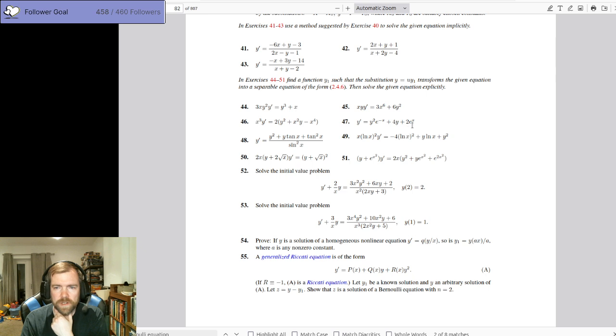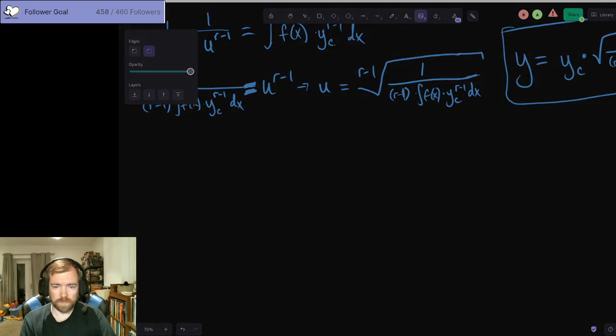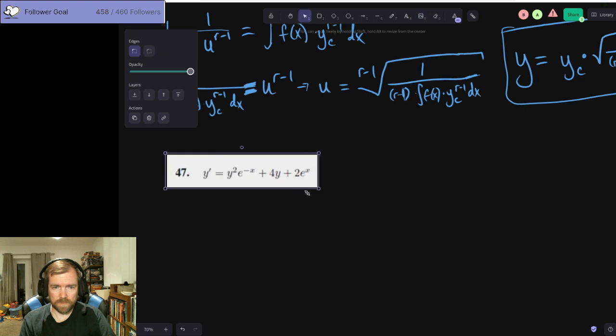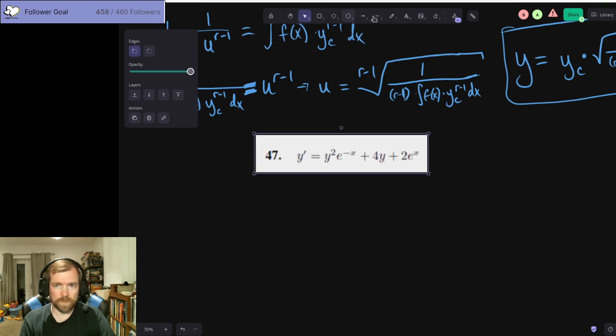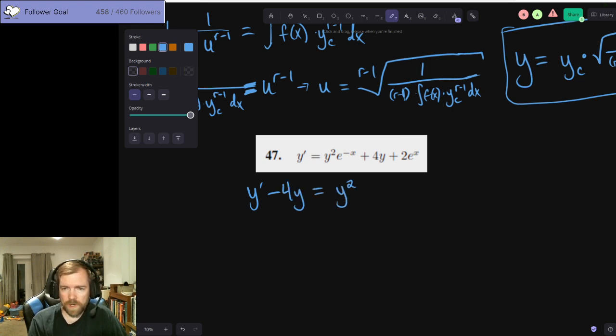Right, so like 47 here. y prime minus 4y is equal to y squared e to the negative x plus 2e to the x.